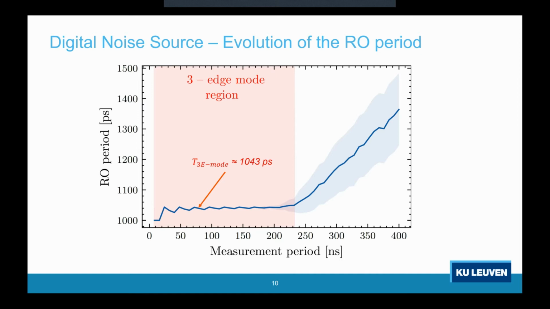So in the beginning, due to big quantization noise, the measurement error will be high, as it's seen in these steps in the beginning, and at the end, the period will start to increase, signaling that the edges start to collide, so we no longer have 3 edges in our ring oscillator. For the implementation of this design on a Xilinx Zynq FPGA, we calculated that the period of the 3-edge mode is around 1043 microseconds.